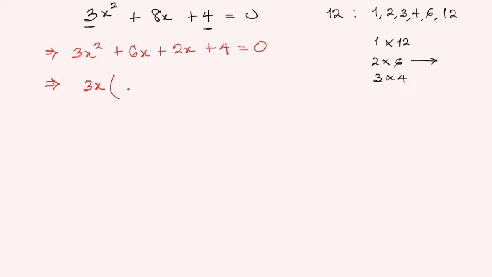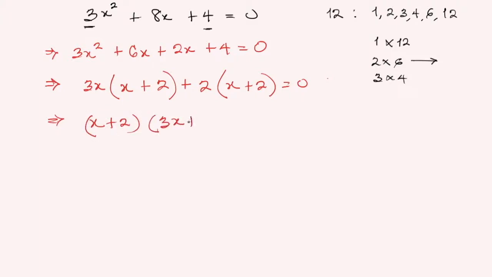So 3x squared divided by 3x is x, and 6x divided by 3x is equal to 2, plus 2x and 4 have 2 in common. So 2x divided by 2 is equal to x, and 4 divided by 2 is equal to plus 2. And so our factors are x plus 2 and 3x plus 2 equals 0.